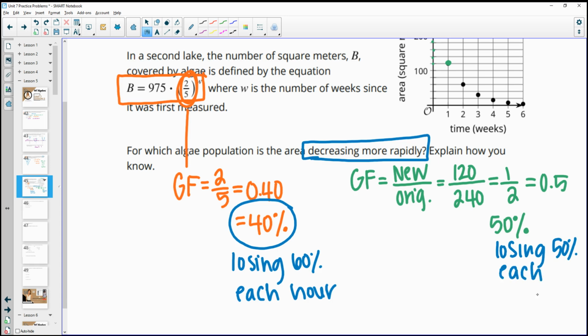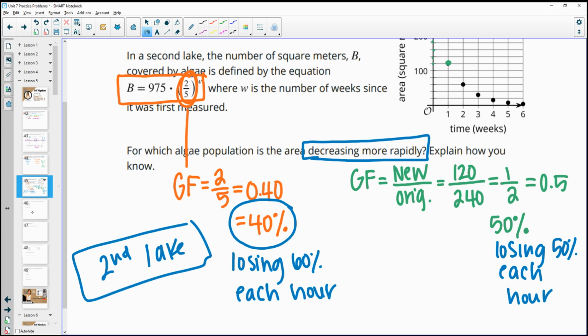It's keeping 50% and it's losing 50% each hour. So this lake B is losing 60% each hour. So lake B, or the second lake, would be the one that's decreasing most quickly.